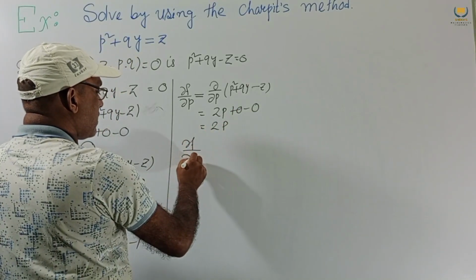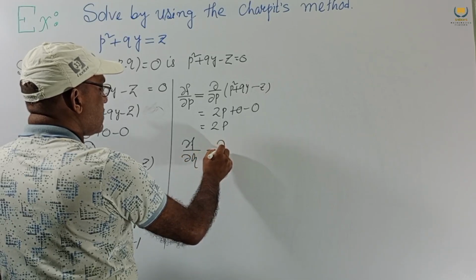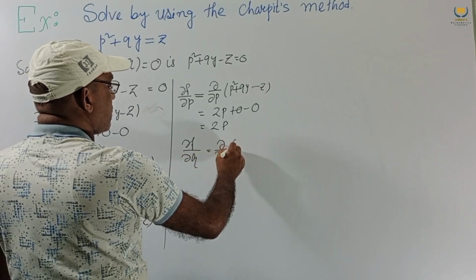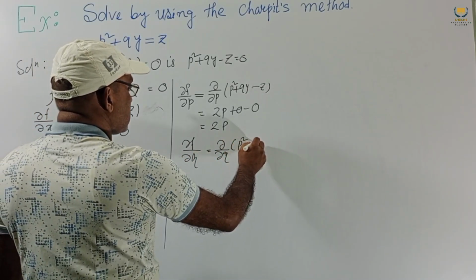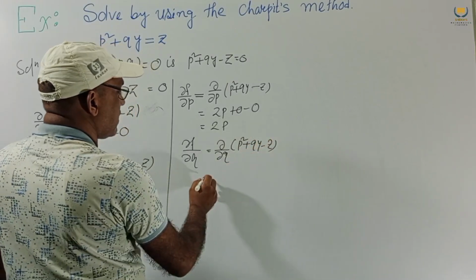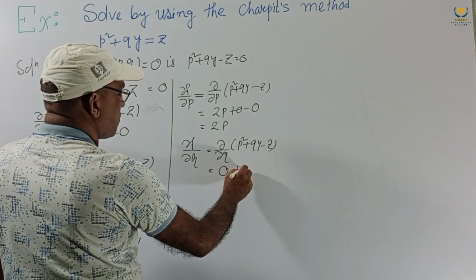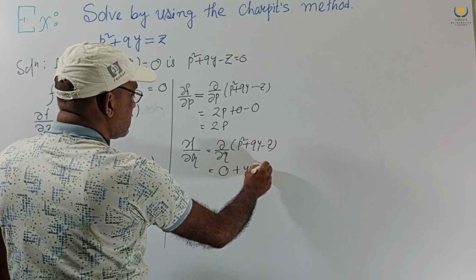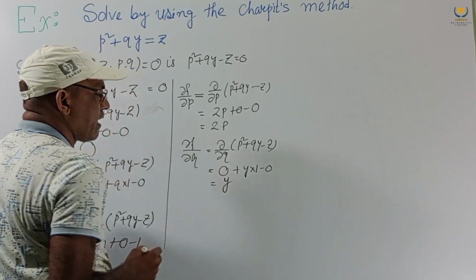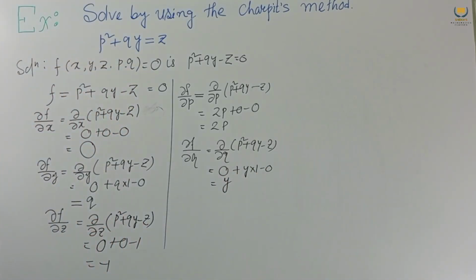Del f del q, this equal to 0 plus y into 1 minus 0, this is y. We get this one.